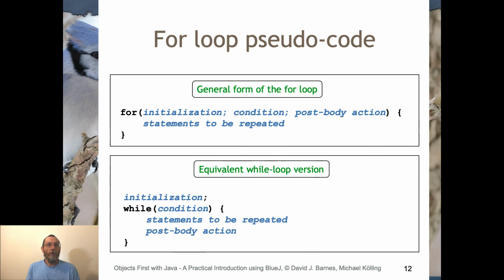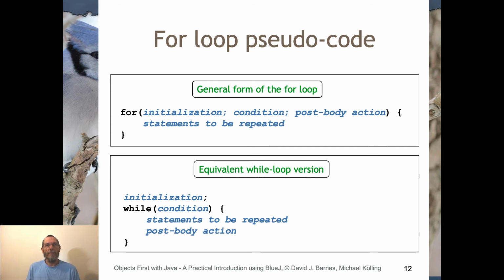So what a for loop does is it makes explicit the fact that we often need some setup for an iteration, the initialization phase. And we often need an update step as part of the loop's iteration, which is ultimately going to lead to the condition becoming false.